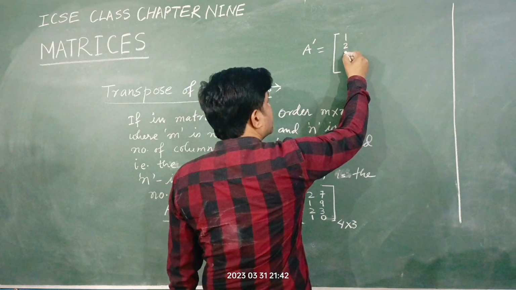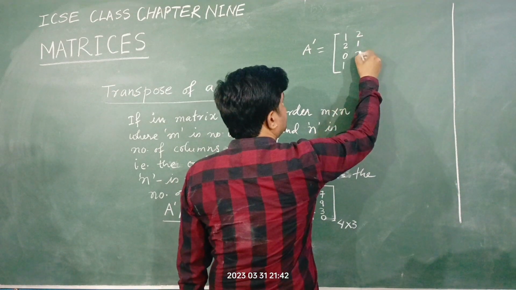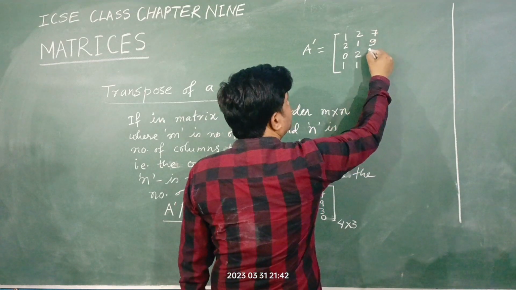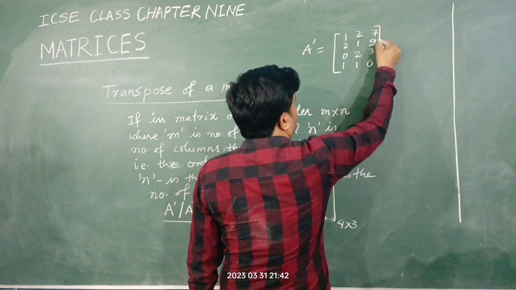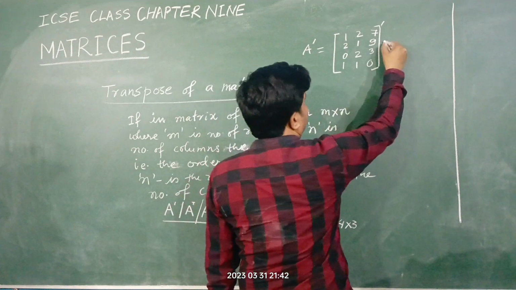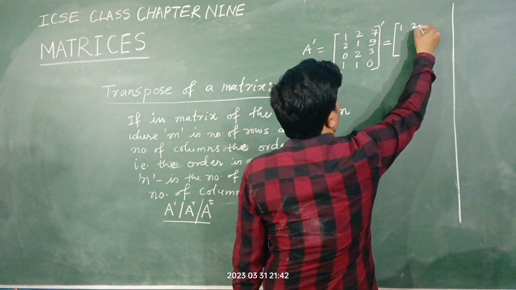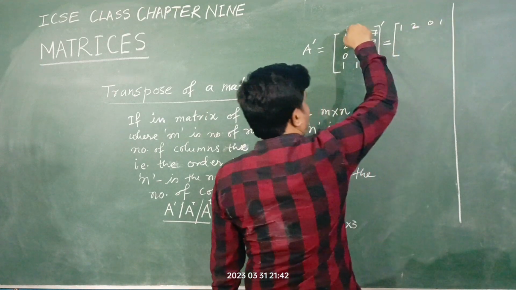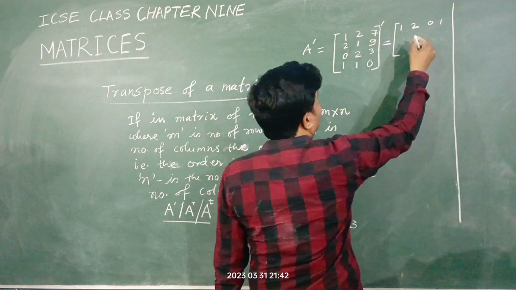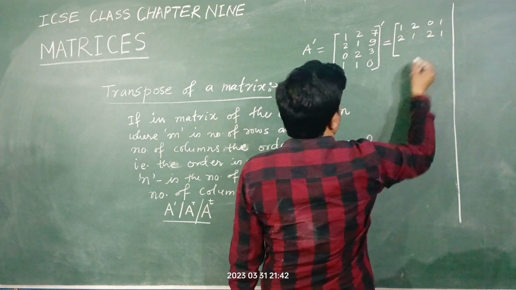The matrix A is 1 2 0 1, 2 1 2 1, 7 9 3 0. Put a dash here because we are transposing this, and after transposing it becomes like this: 1 2 0 1. This column 1 becomes row 1. Column 2 will become row 2: 2 1 2 1.